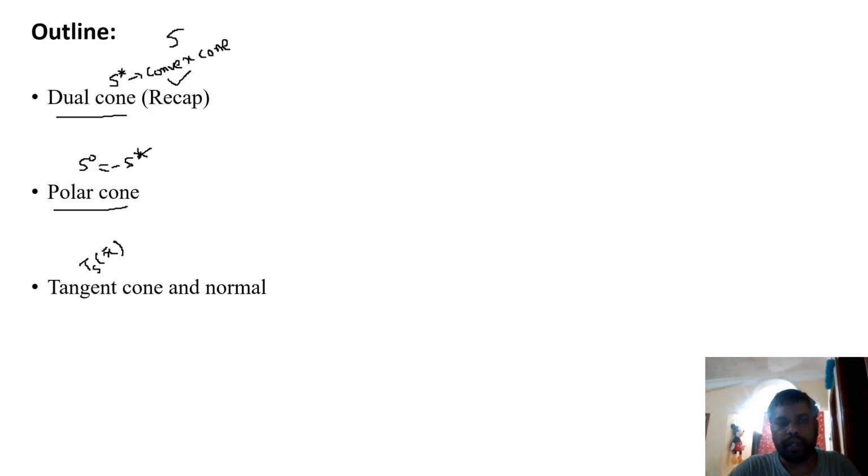Similarly, we define the normal cone of a set with respect to a boundary point. We can see the relation: the normal cone behaves like a polar cone, and the tangent cone behaves like a dual cone.